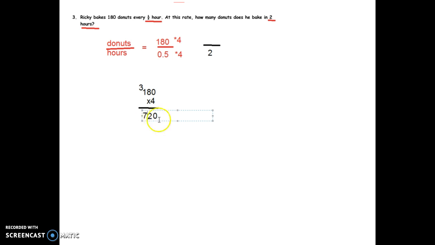Plus 3 is 7. So we are left with 720 donuts per 2 hours, right? And that's our answer, 720. 720 donuts. Okay, that was number 3.